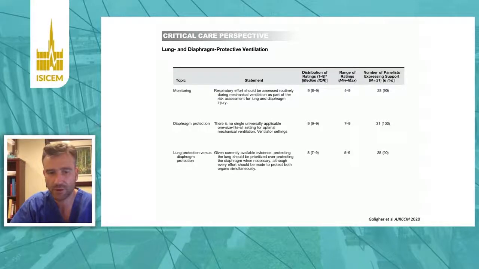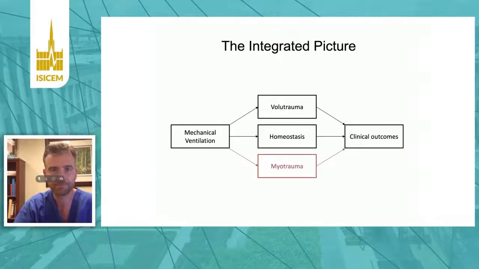And then with respect to the fact that the lung and the diaphragm protective efforts may actually compete against each other, maintaining respiratory effort to protect the diaphragm may increase the risk of lung injury. Given currently available evidence, protecting the lung should be prioritized over protecting the diaphragm when necessary. And so these are just some of the key statements outlined in this paper.